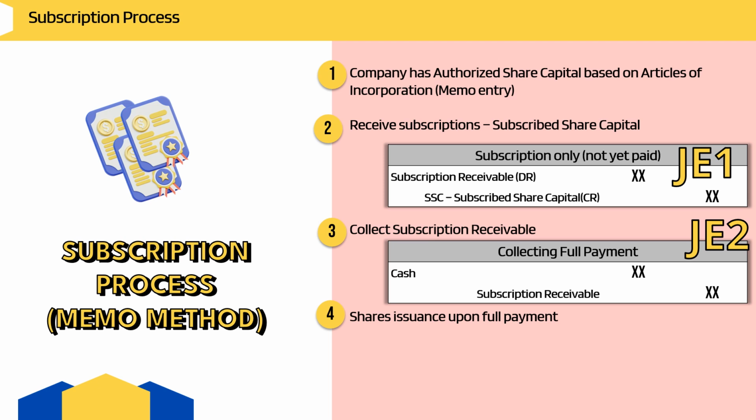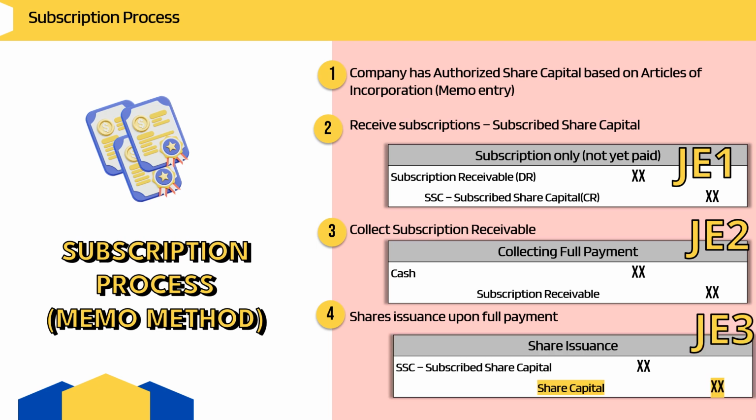So the second journal entry would be, you'll debit cash, credit subscription receivable. And then finally, to end the subscription process, for you to finally be able to issue your shares, pag fully bayad na yung subscription receivable for each of the shares, you will then de-recognize your subscription SSC, and that's when you'll fully recognize what you call your share capital.